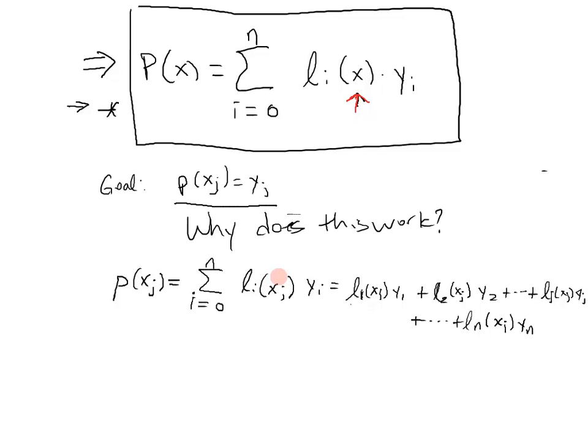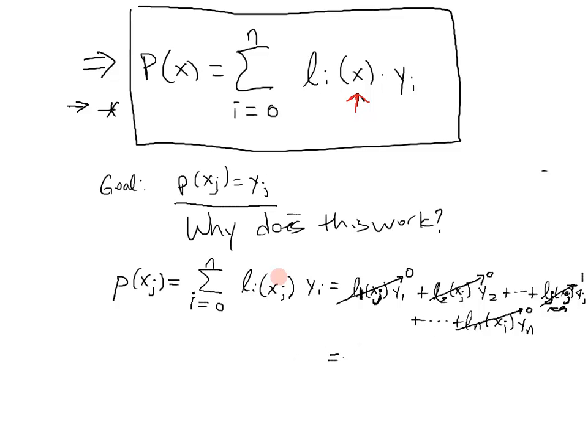Now, why did I put all these terms in here? Well, you remember that L1 of xj, as long as j is not 1, is 0. In fact, all of these polynomials are defined to be 0 whenever the two indices don't match. But when they do match, so if you have a j here and a j here, that's going to become a 1.